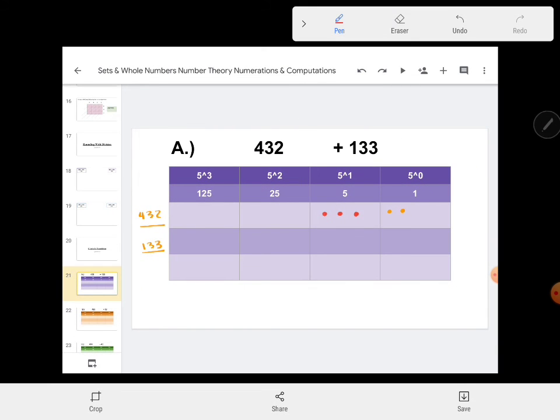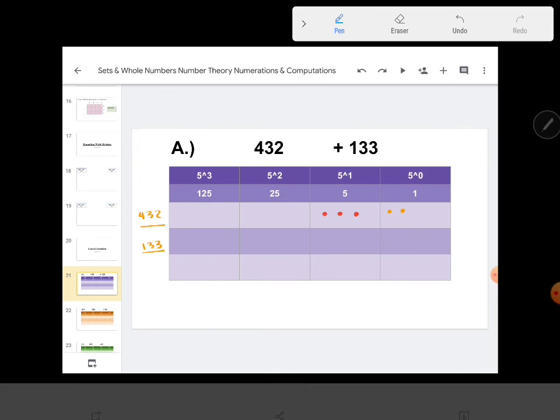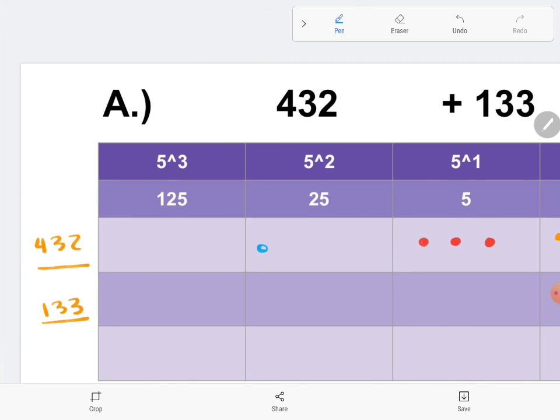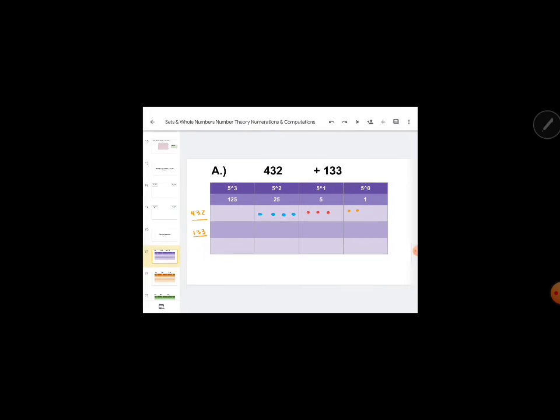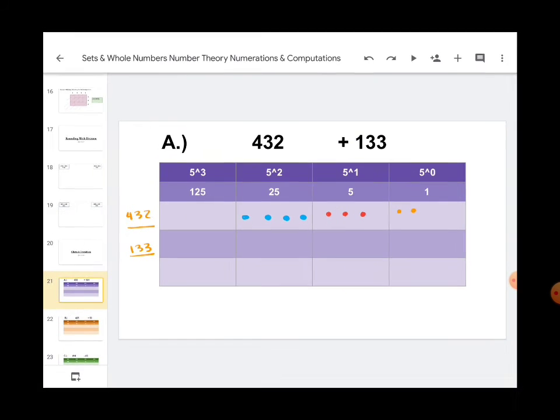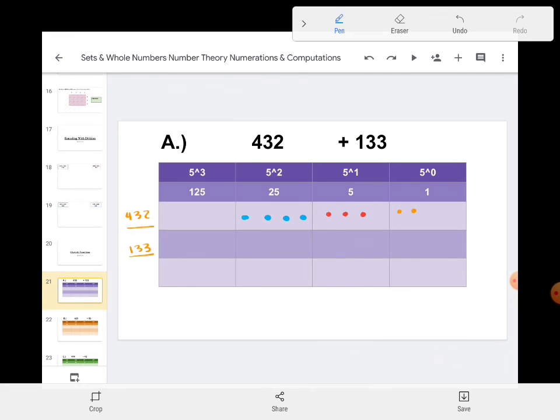For our 100th place, we have 4. Therefore, we are going to have 1, 2, 3, 4 dots right there. And since we have nothing in the 1000th place, we are just going to leave that blank for now.